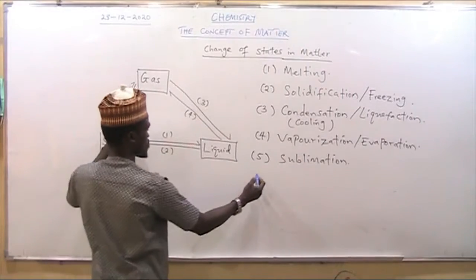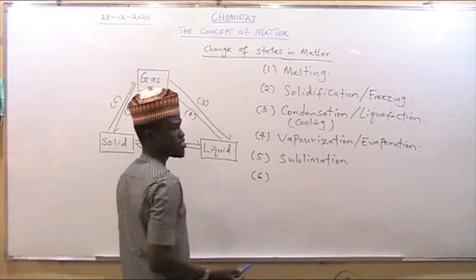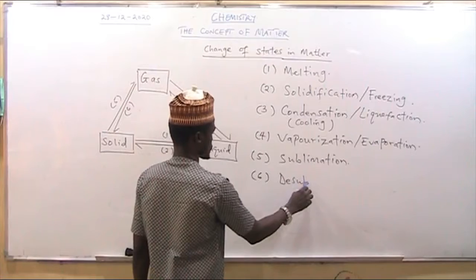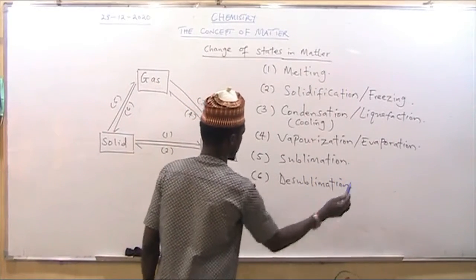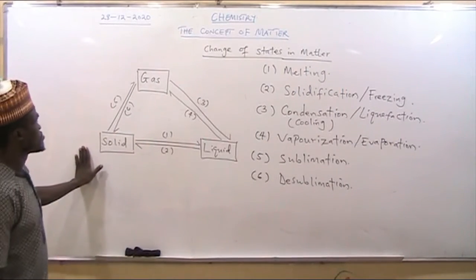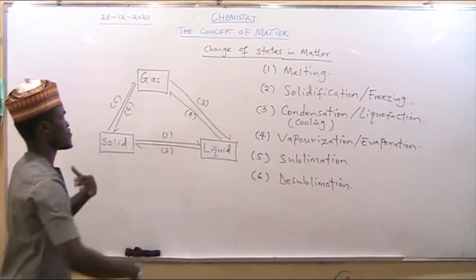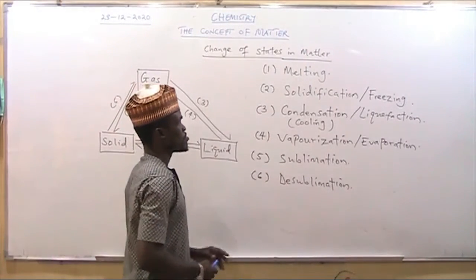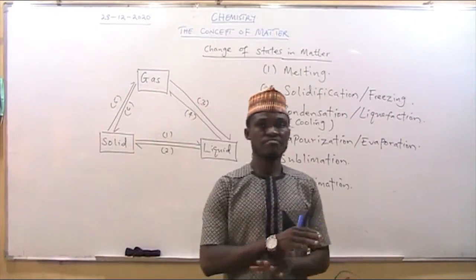Then the final process, number 6, is the opposite, though in some literature they will say desublimation. So these are the changes that occur when matter is moving from one form to another. These physical changes are experienced in matter.